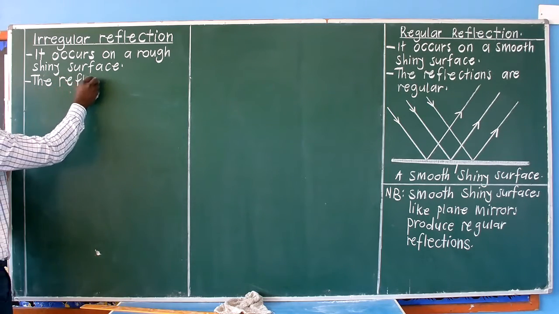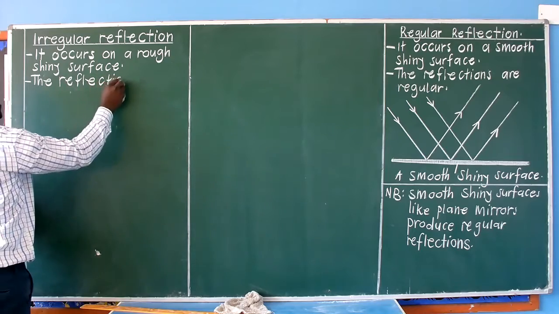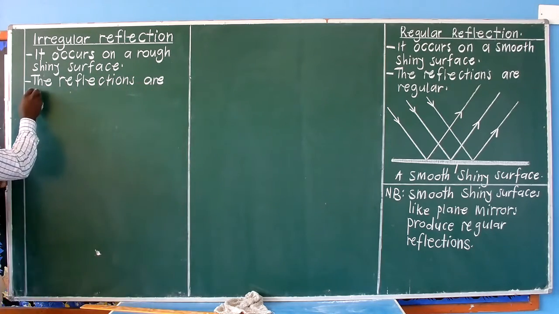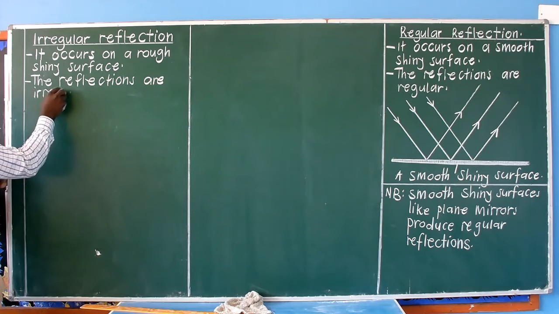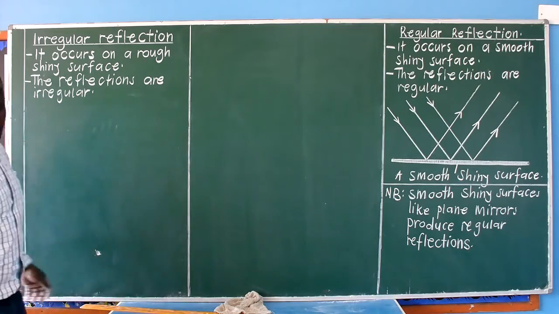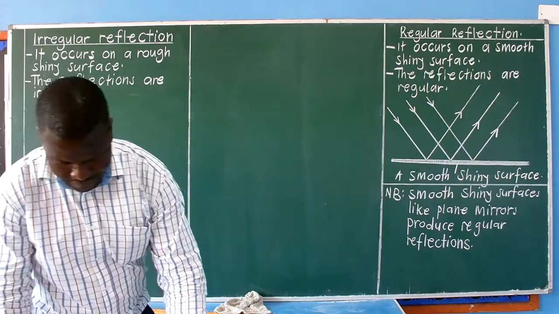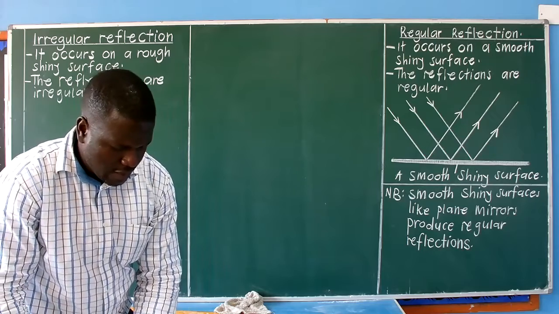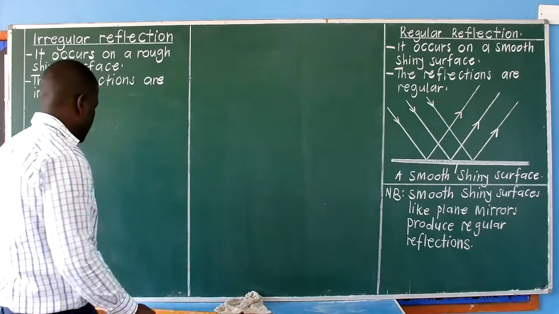The reflections are irregular. So we're going to do a diagram to show irregular reflections.